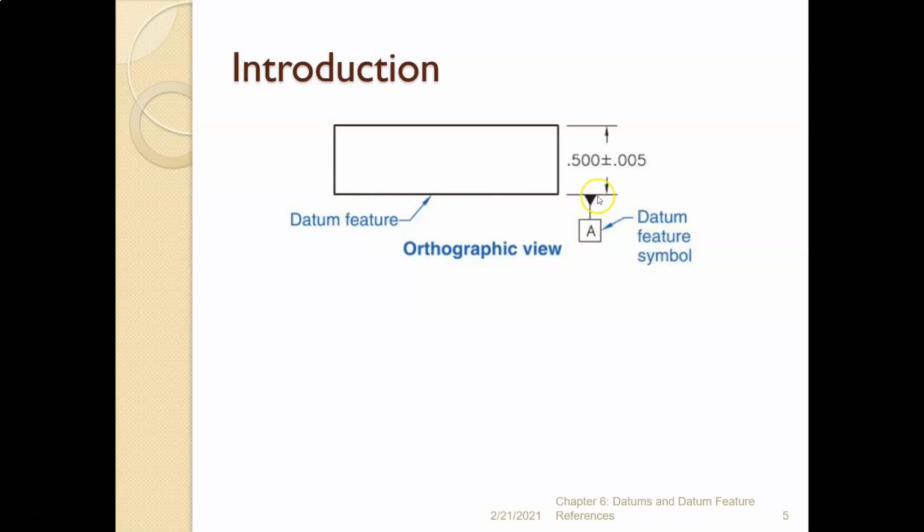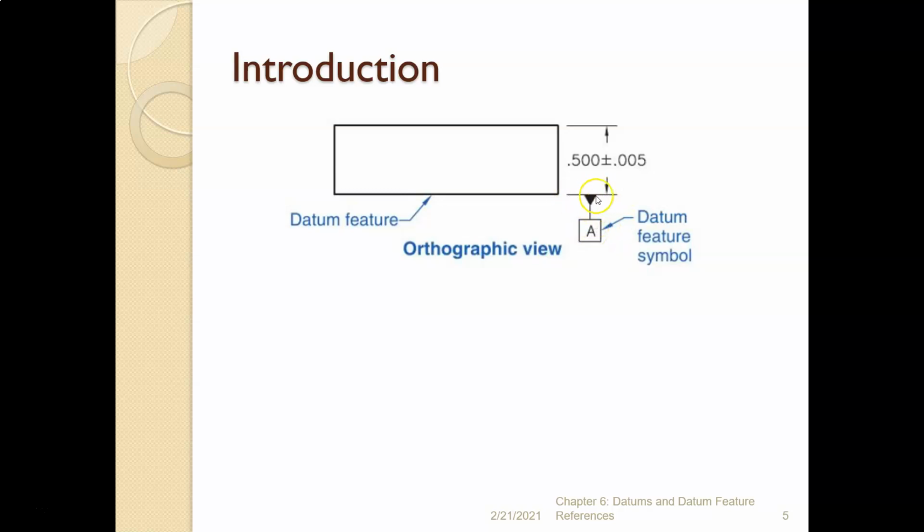It's kind of like a little flag. We have a base of the flag, and it's typically a black triangle that's filled in. It could also be a triangle that's open, but I think in this book they use the black solid filled triangle. And then the datum reference, in this case, is datum A.